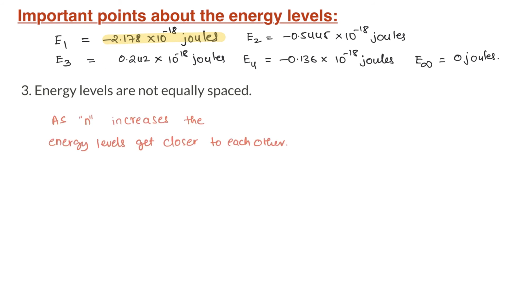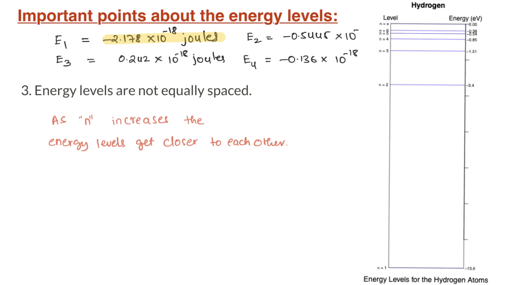As the n value increases, the spacing between the energy levels decreases, and the energy levels get closer to each other. If we plot these energies, we obtain the following graph. As we can see, the energy gap between the levels keeps decreasing with n value.